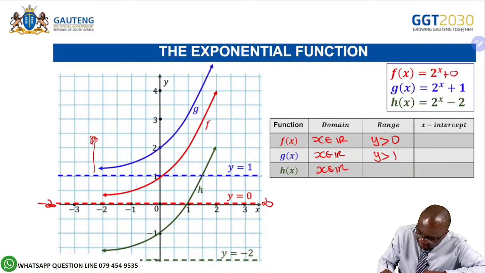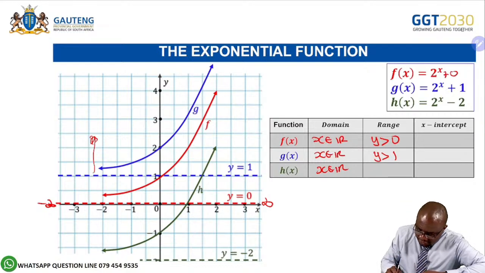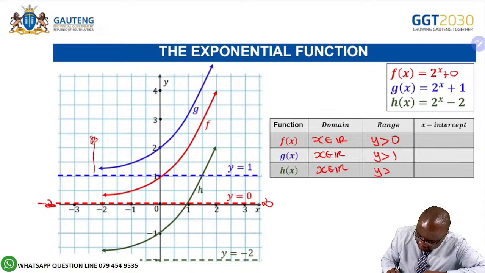Remember here, we said plus 0. And then for the green graph, what's the range? y greater than negative 2, learners.